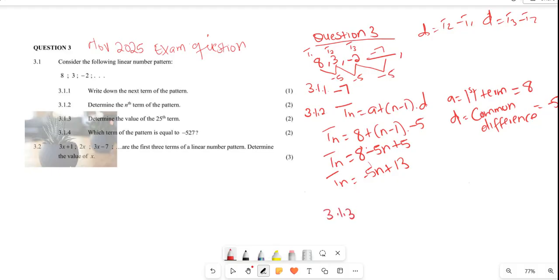3.1.3. So T25 is going to be -5, I'm going to put 25, plus 13. Guys, let me punch it on my calculator.